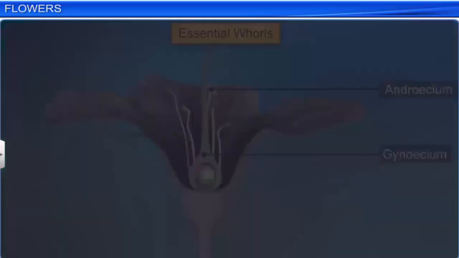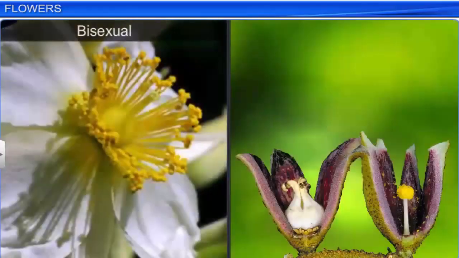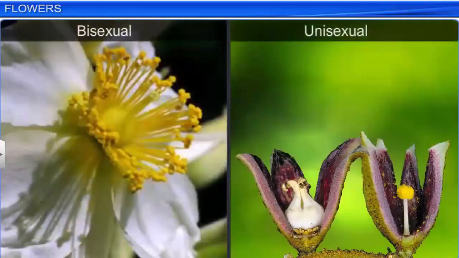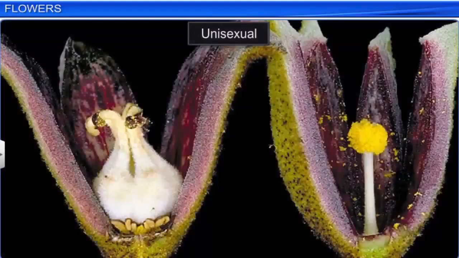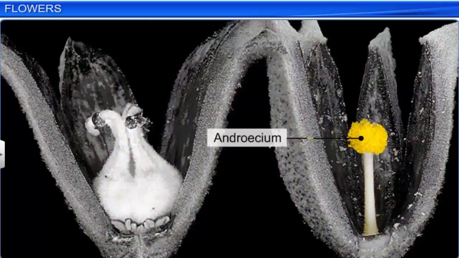Flowers can be either bisexual or unisexual. A bisexual flower has both androecium and gynoecium, while a unisexual flower has either androecium or gynoecium.